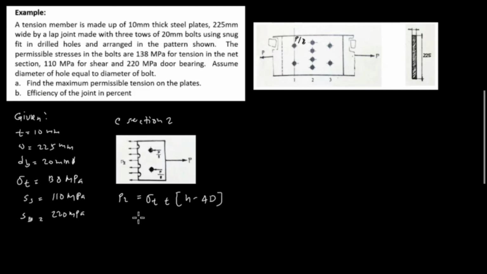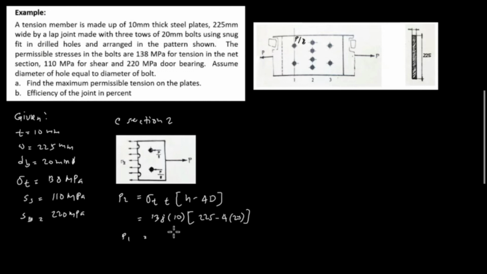And what is P2? Stress, tensile stress, which is 138, the thickness of the plate 10, and then multiplied by H, which is 225, less 4 times the diameter of the bolt, which is 20, and close parenthesis.